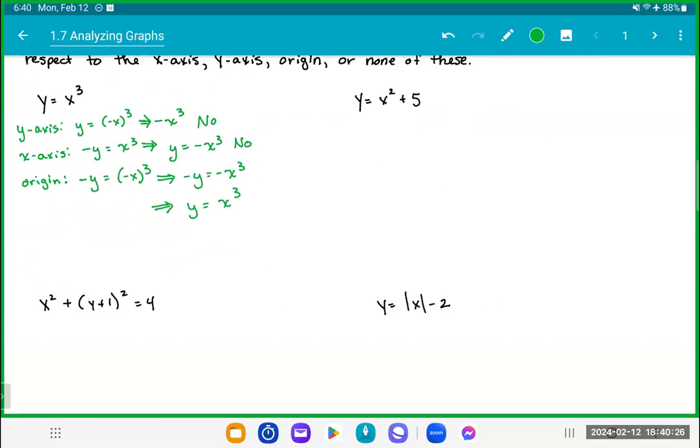As you can see, that is my exact starting equation. So yes, I am symmetric with respect to the origin for this equation. Question?